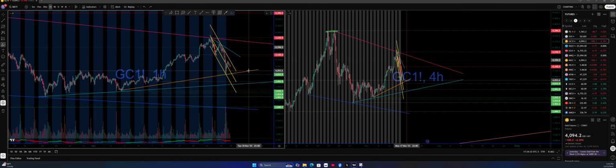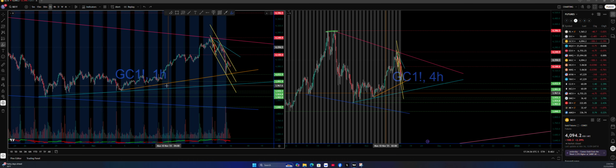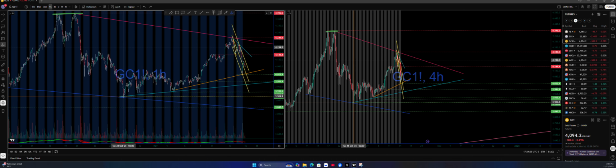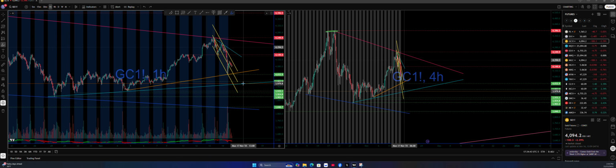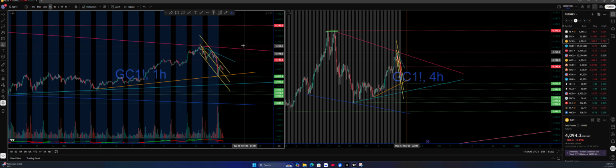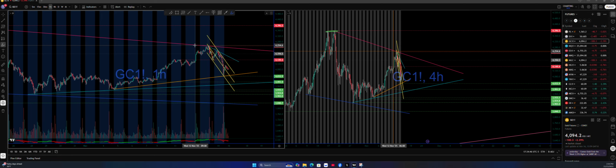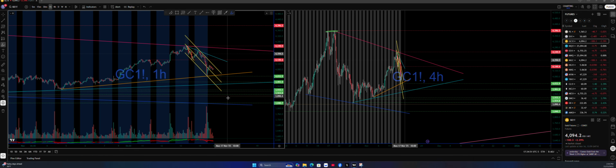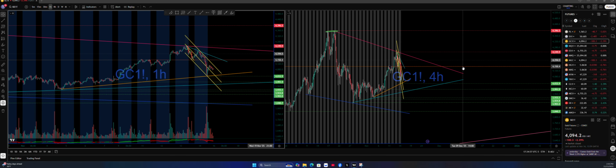So don't forget, it's this orange line right here with the 1, 2, and then this tealish looking one here with 1, 2, 3 touches is what I consider a higher probability setup for a significant breakdown, if you have volume confirming the break to the downside. So we will watch for that.